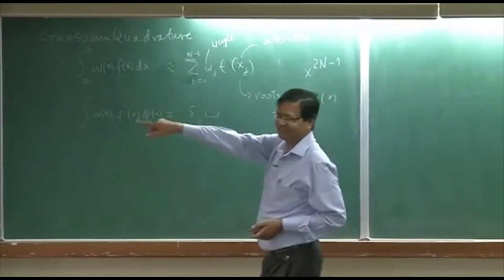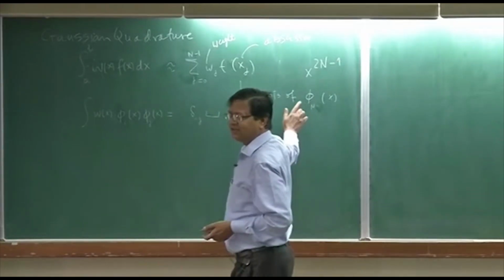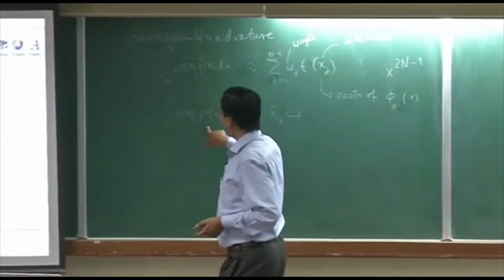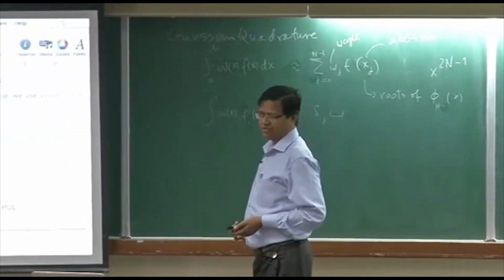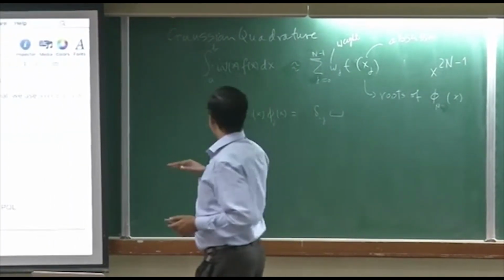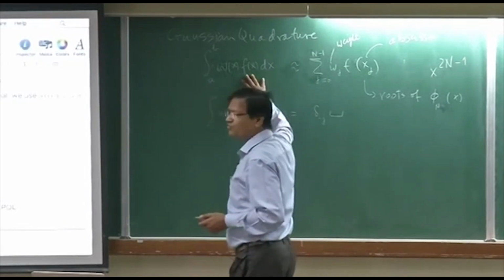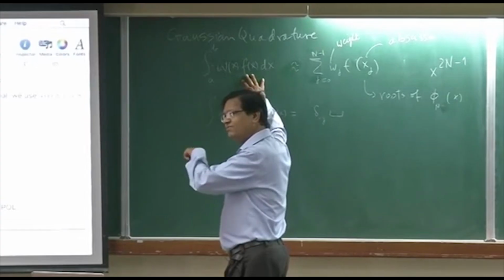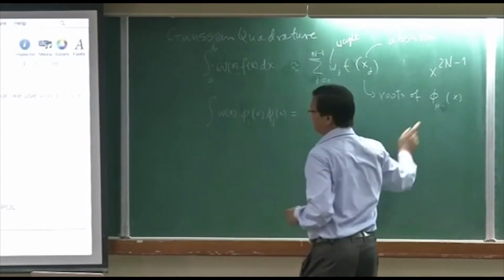According to this notation, it will be phi n. Let's follow the same notation. Phi n has n roots, but I am starting these indices from 0. So this expansion is done up to phi n minus 1 in this notation, and the root is of phi n.